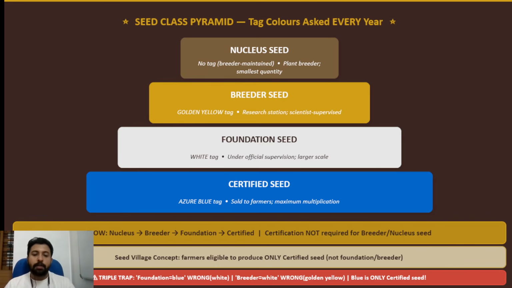They cannot produce foundation seeds and breeder seeds, because a seed village is a participatory program to produce large amounts of certified seeds so that they can be distributed to most or all farmers in the villages. Clear? We should be very clear about the color of the tags. This is the most usual question. Hope that is clear.